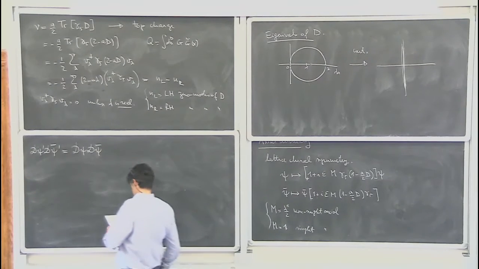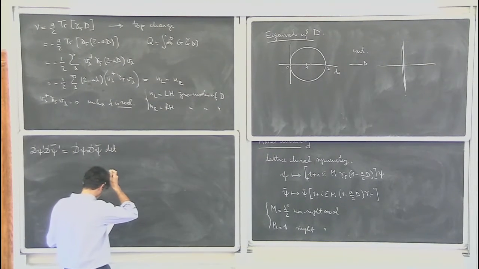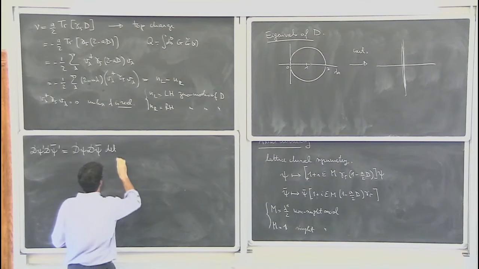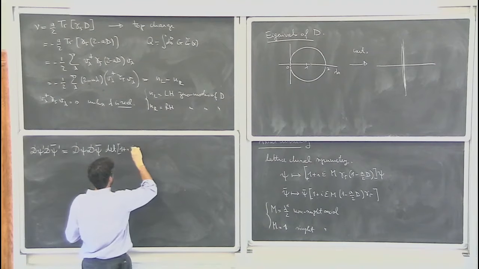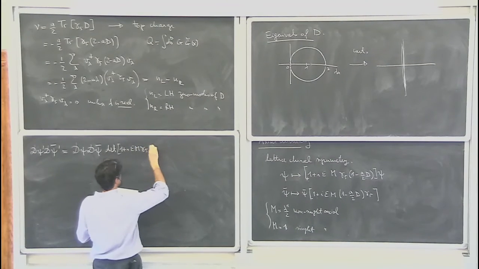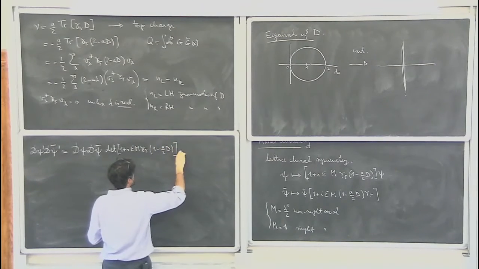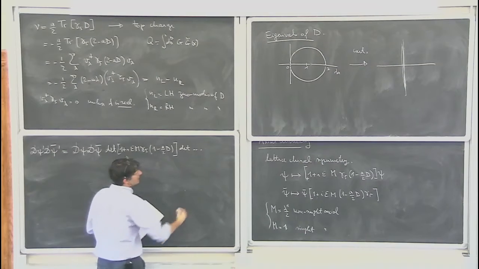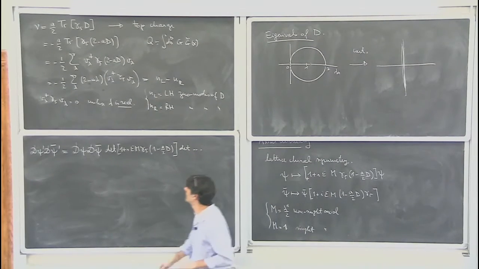So we get the determinant of 1 plus iεmγ5(1 minus aD/2), like that, and then we get another determinant from the transformation of ψ bar.